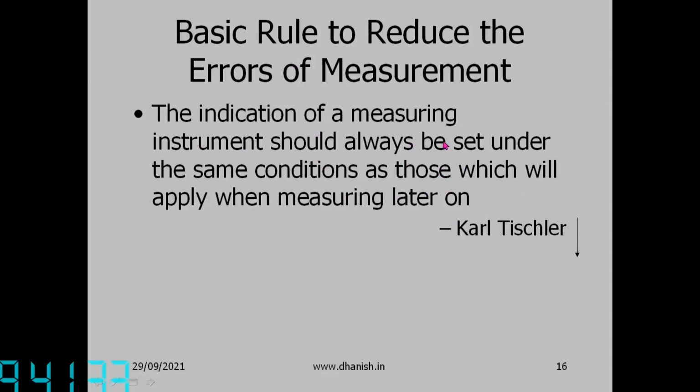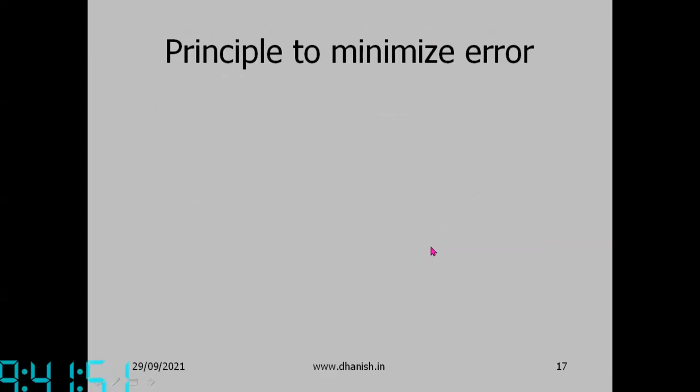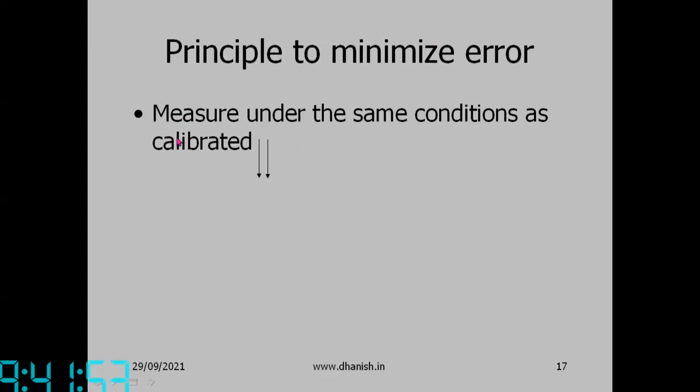If you follow this rule, the errors will get cancelled out many a time. The error in setting will cancel out the error during measurement. So this is a fundamental rule to reduce the error of measurement. I would simplify this into a shorter form: measure under the same conditions as calibrate.